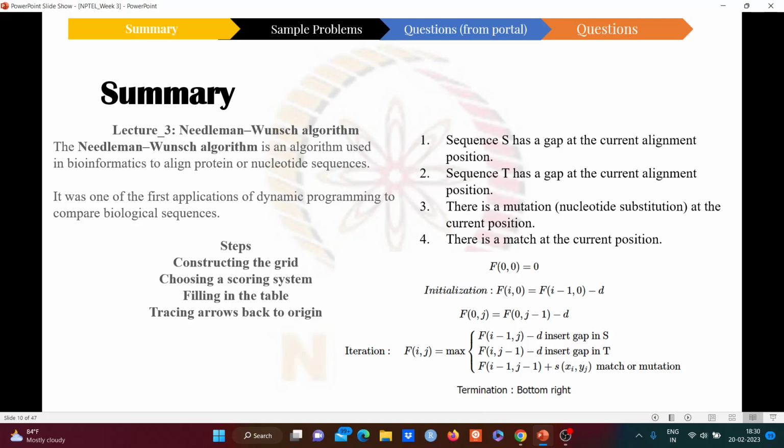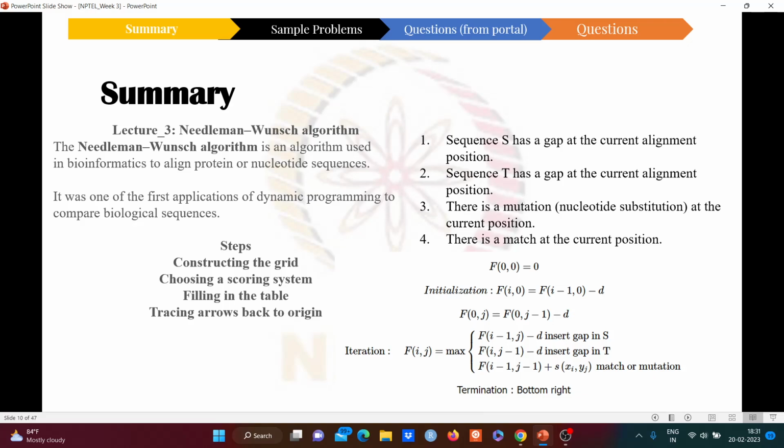The next step is to fill the matrix. Starting from the second row and column, each cell of the matrix is filled in a row-wise or column-wise manner. The score in each cell is calculated by considering three possible ways to get into a cell: diagonal, left and up. The diagonal score is the score of aligning two characters in the sequences. The left and up scores are the gap penalties, that is, the penalties for introducing a gap.